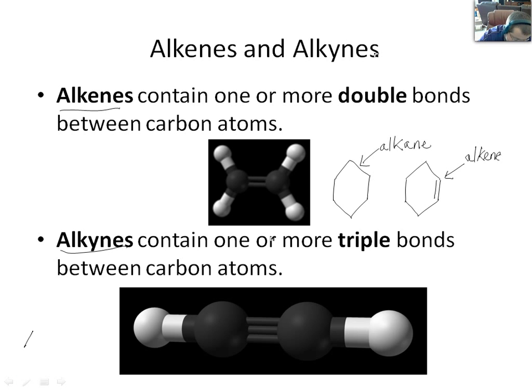So given a skeletal structure like this, we might call it an alkane, but given a skeletal structure which has at least one triple bond, is going to make it into an alkyne, like the one shown to the right here that was just sketched.